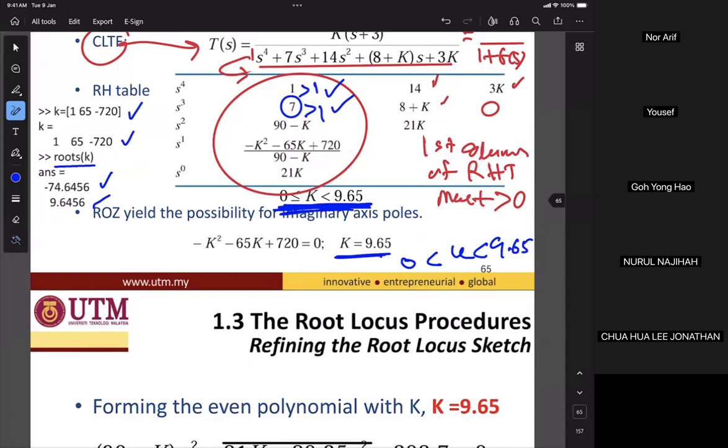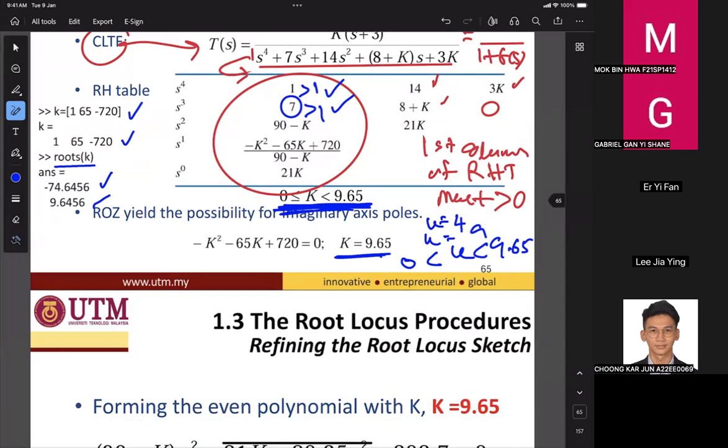If K is equal to 4, system stable. If K is equal to 9, system stable. If K is equal to 10, system stable or not stable? Not stable, doctor. If K is equal to 9.65, not stable also, doctor.